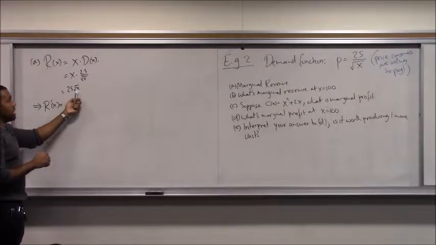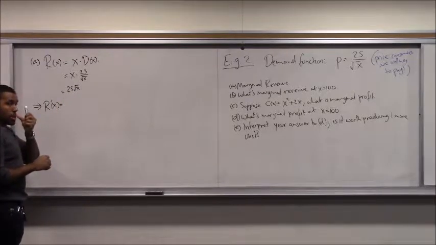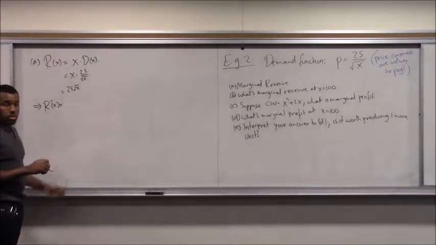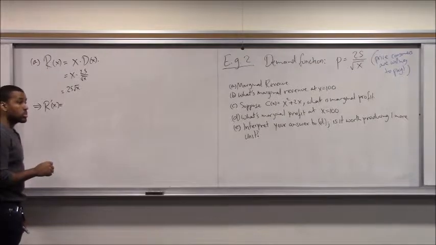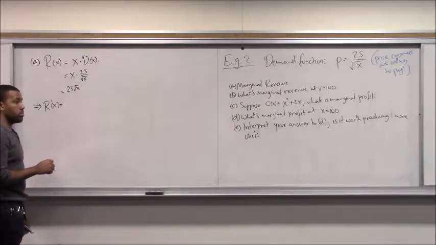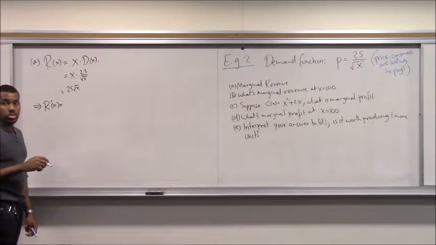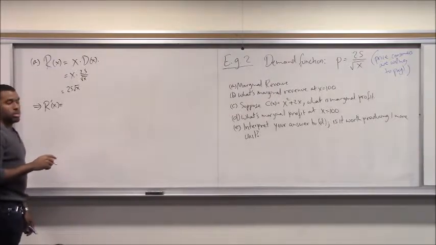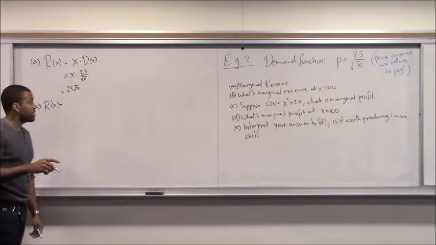Well, you do 25x to the half, and then you do... is it 25 over 2x squared? No. So you make it 25x to the half and then multiply the half with the 25 and then minus the 1.